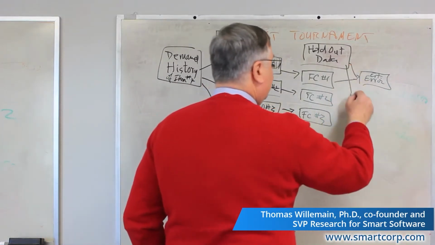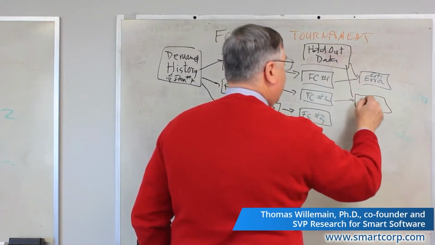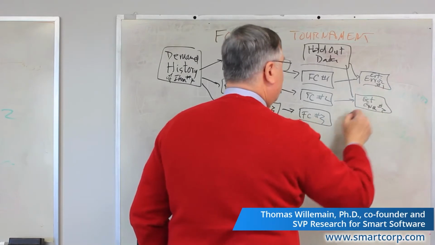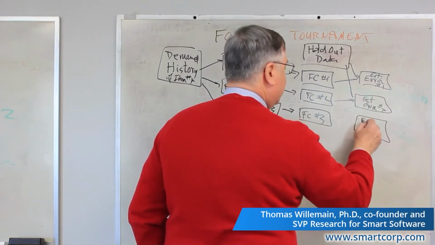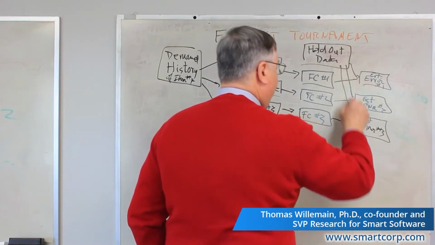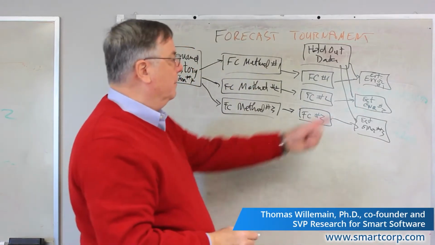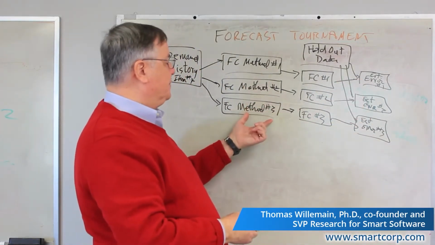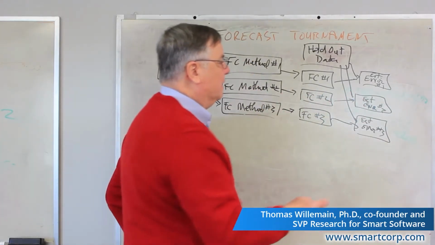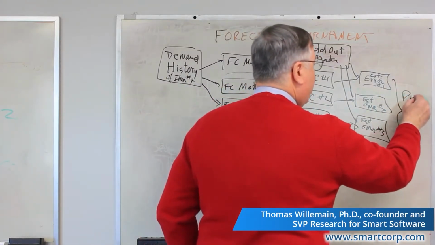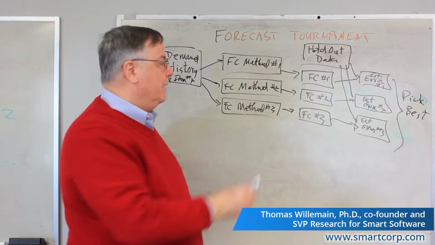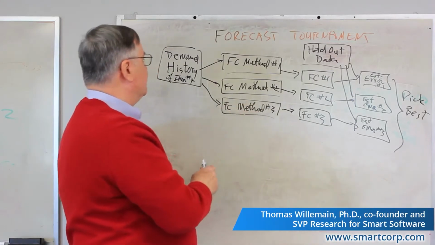Likewise, we estimate the error for method 2 and method 3. And this is the score that each of these methods gets. It's a forecast of the forecast error. These are all competing, and we compare this and pick the best, which is to say the lowest average error. That determines which of these methods handles item 7.